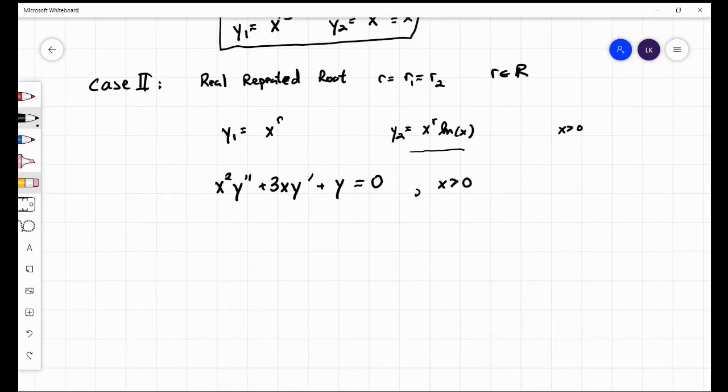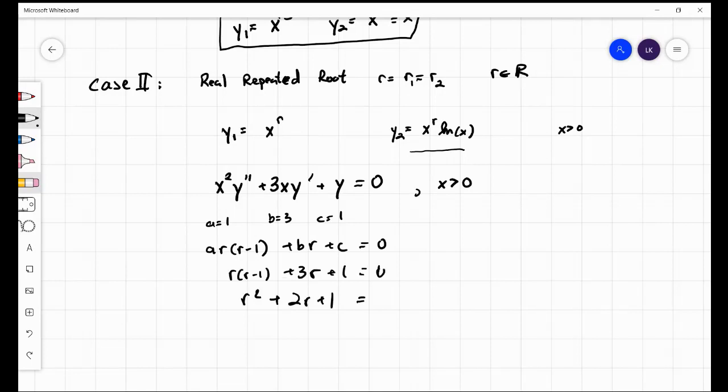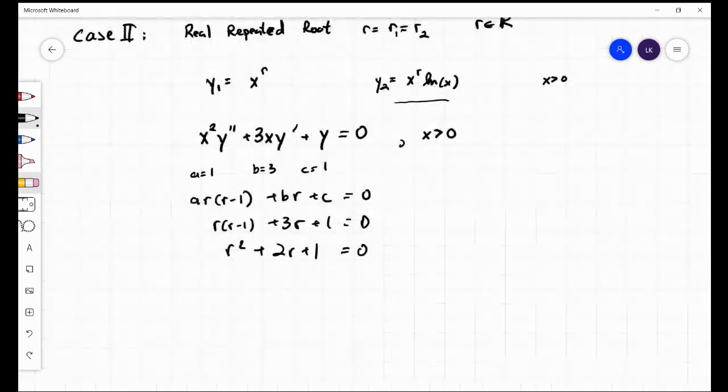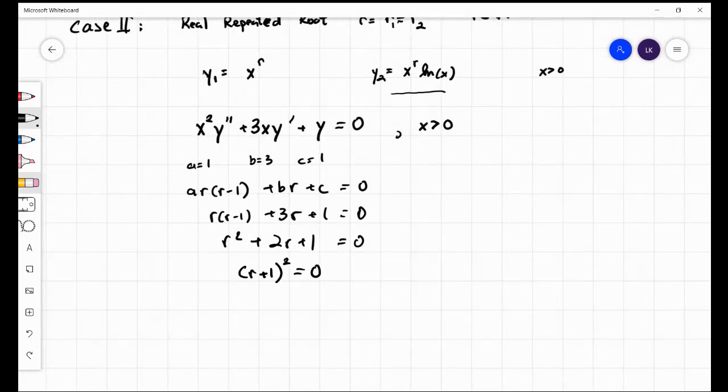Go through the derivation, but here we have a is 1, b is 3, c is 1. So I can write down my characteristic equation, and we get, okay, so indeed, here we get that r is -1, but it has multiplicity 2, so it's a repeated real root.